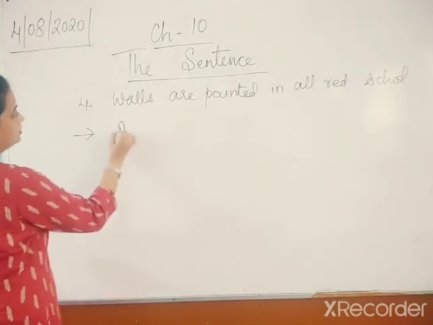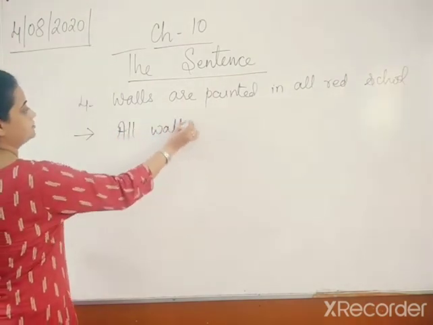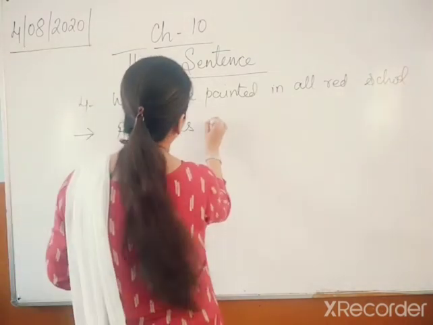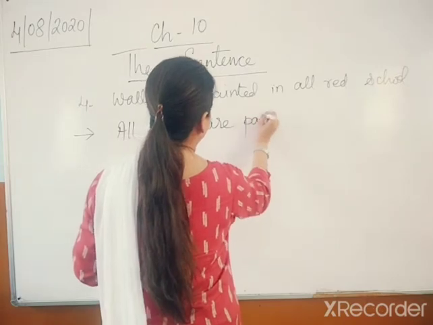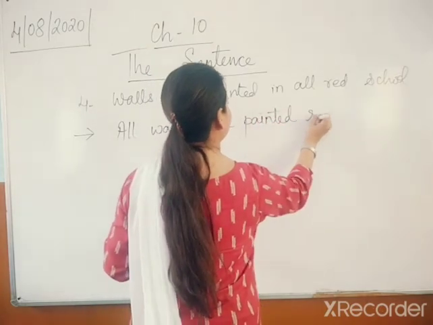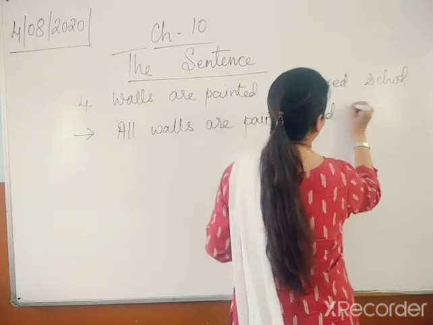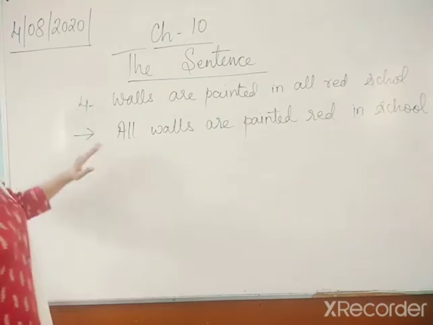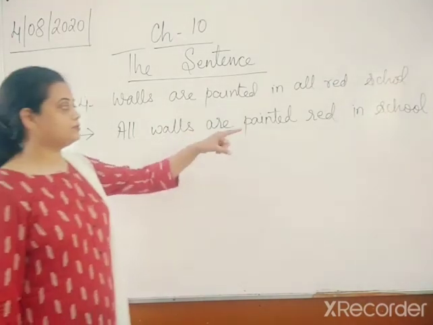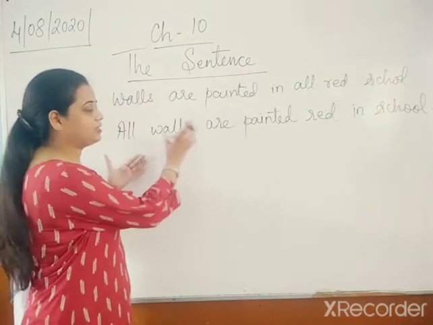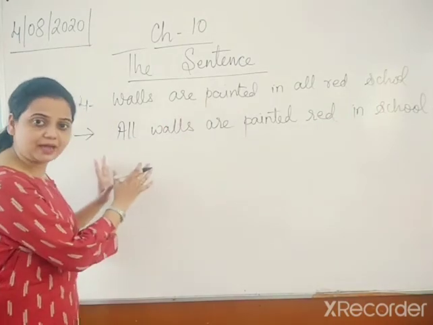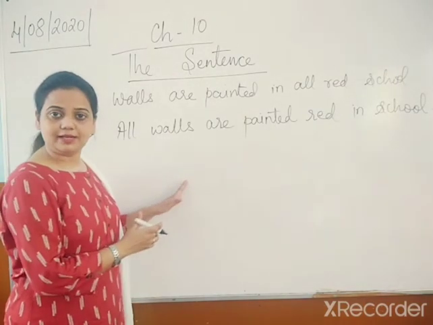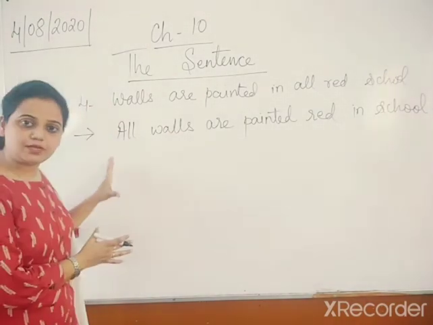All walls are painted red in spoon. Okay, full stop. So you can see here that it is starting with a capital letter and then a full stop. Also, we have arranged the group of words in such a manner that it gives a proper meaning. Clear to all of you? Now I hope that this much is clear to everyone.